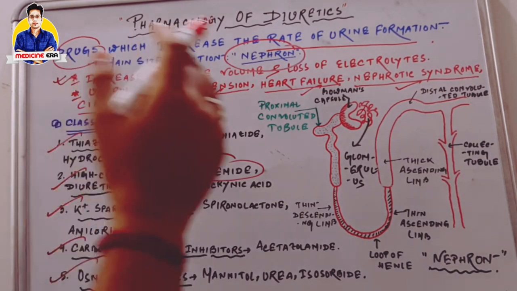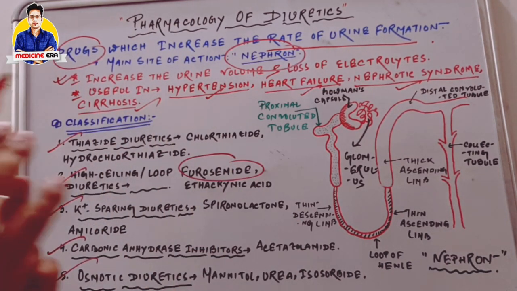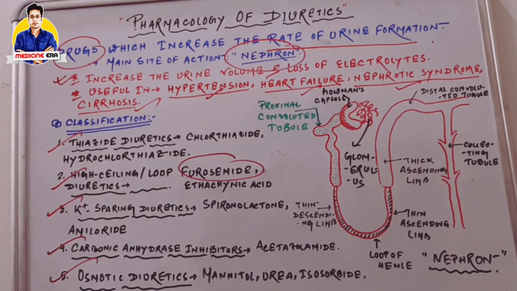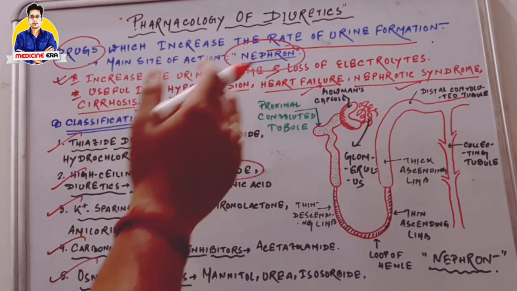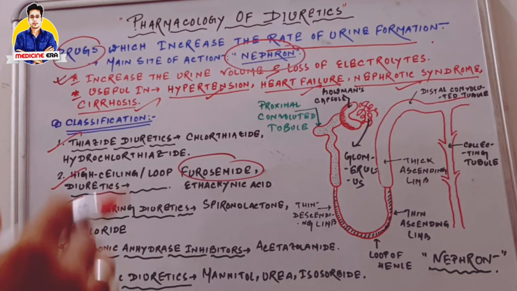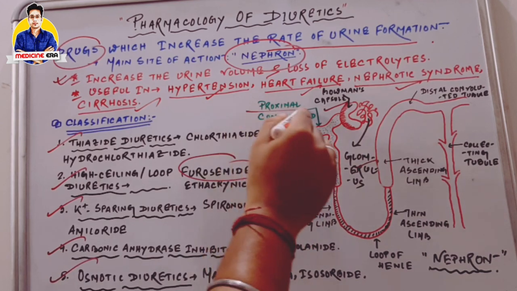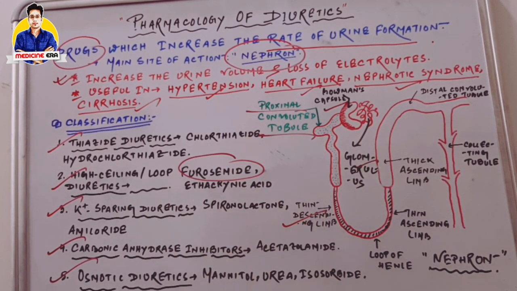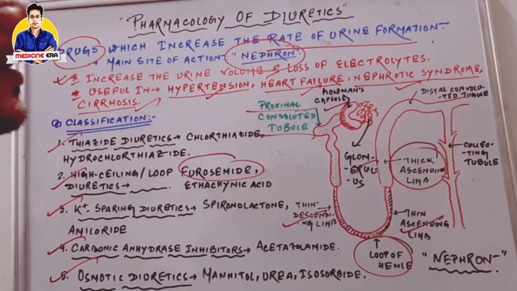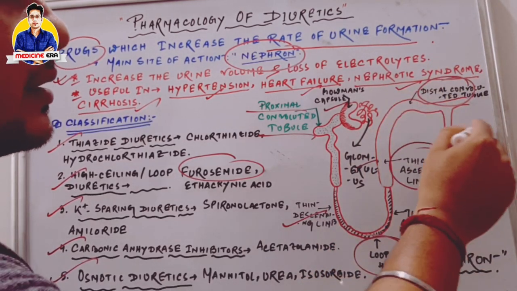After starting the diuretic portion, you have to know the detailed structure of the nephron, because the most important site of action of diuretics is the nephron. Diuretics play their role in different parts of the nephron. The different parts of the nephron are mainly the glomerulus, Bowman's capsule, proximal convoluted tubule, thin descending limb and thin ascending limb, which are the two parts of the loop of Henle, then the thick ascending limb, distal convoluted tubule and collecting tubule.